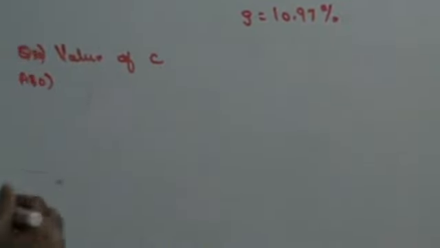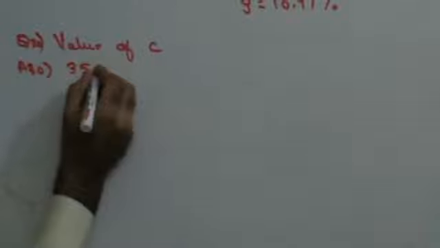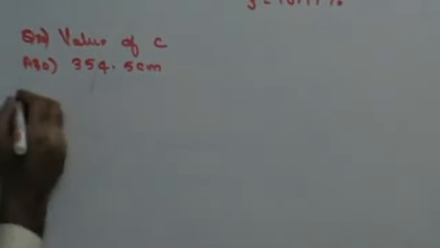Let's see question 1. Value of C. We've already found out, this is question number 30 to be precise. Value of C. Value of C you found out as 354.5 centimeters.